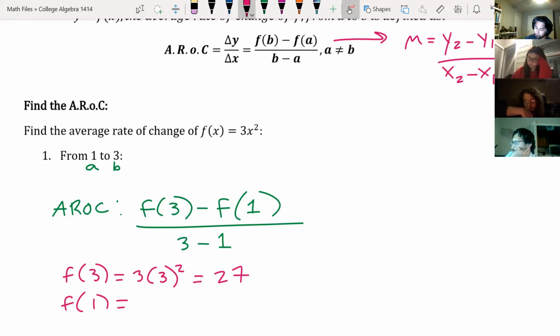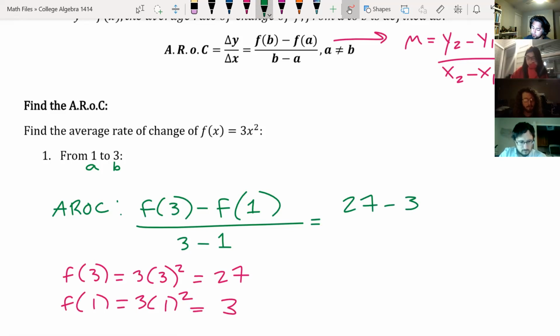F of 1 gives me 3 times 1 squared, which will give me 3. This becomes 27 minus 3 over 2, which gives us 24 over 2, which gives me 12.